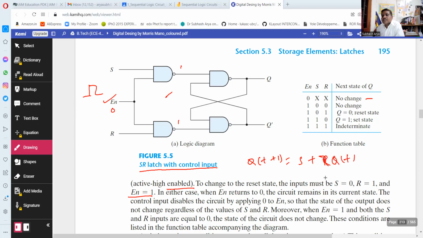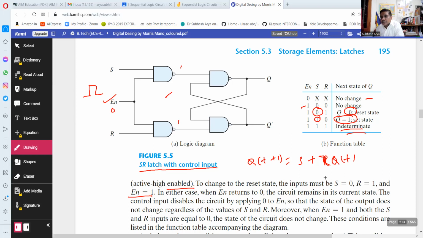You can see for 0, 0, whatever S is there, there is no change. For 0, 0, enable is 1. For this one, S is 0 and R is equal to 1, Q is equal to 0. Whatever S is there, same is following here. And for S and R both 1, it is the indeterminate state. This is what we have learned earlier also.